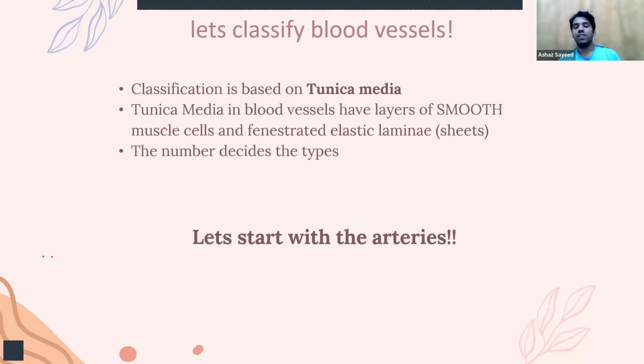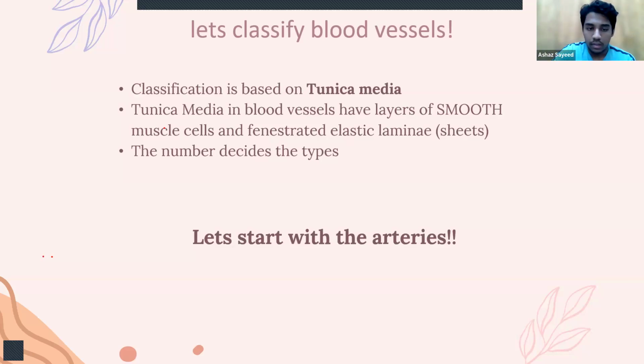Also, they have something called fenestrated elastic laminae or sheets. These elastic sheets are the reason why your blood vessels can dilate or constrict. They're elastic because of these, and the number decides the types. Basically, the number of layers of smooth muscle cells and the number of layers of elastic sheets decides which type it is.